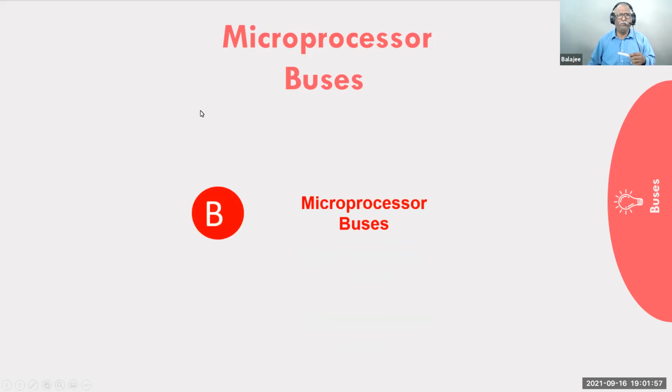We discussed two types of buses, parallel and serial bus. And SPI is a serial bus. Sorry, I2C is a serial bus. So let us get into the board and continue our discussion.